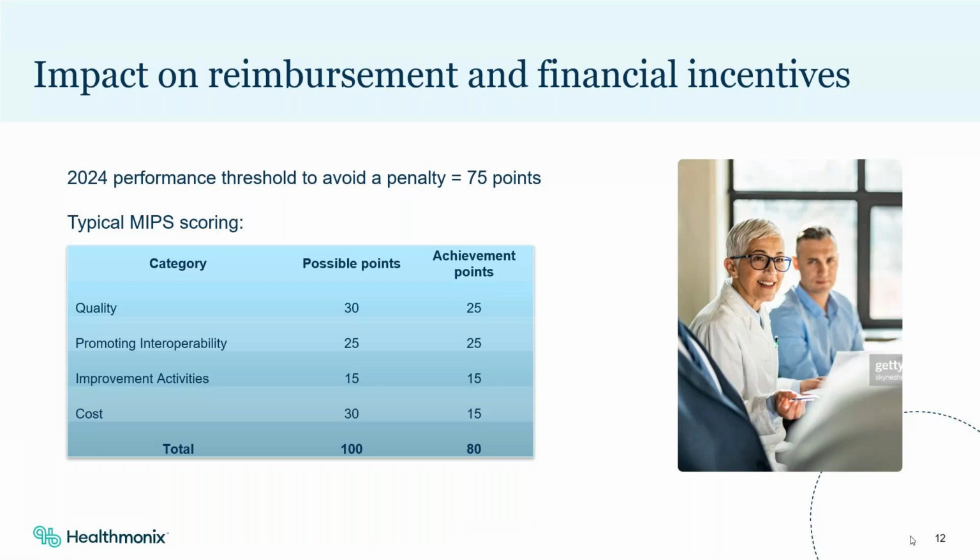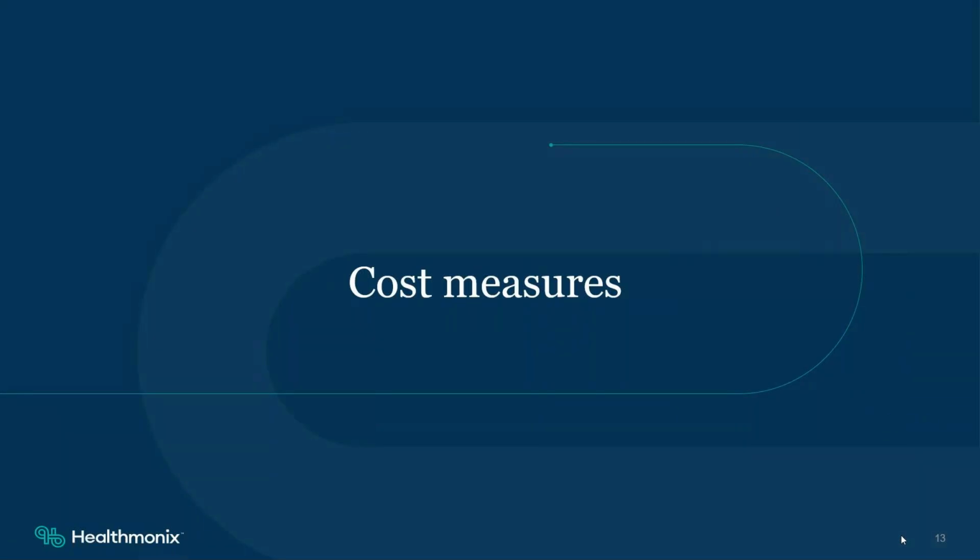So despite the fact that you worked really hard to get those other categories nearly perfect, you're only 5 points above the threshold. So many people are saying, okay, talk to me about cost, talk to me about what I can do to get that score up, because there's 20 more points left on the table there. So that's why we're here to talk today, to understand cost, to understand the cost measures, and see what can be done to work on improving both performance and scoring.